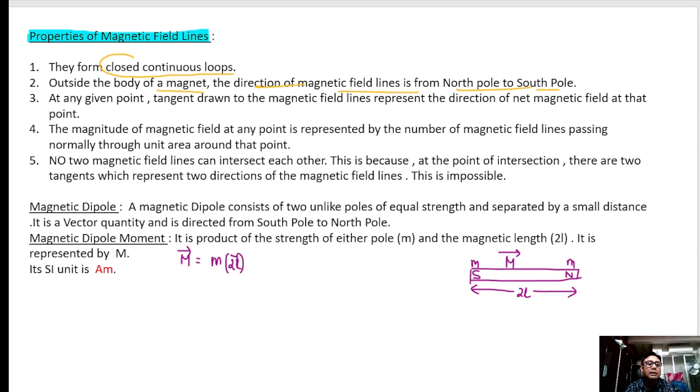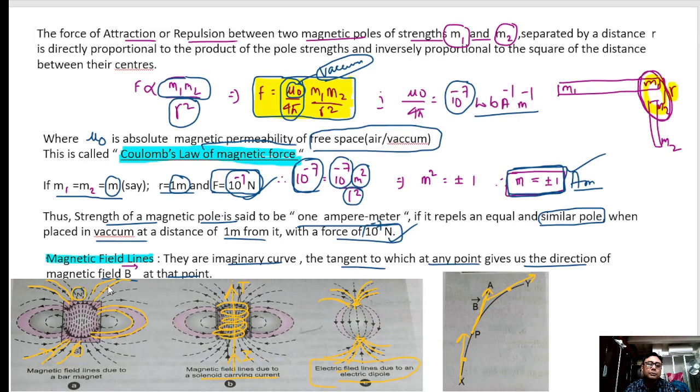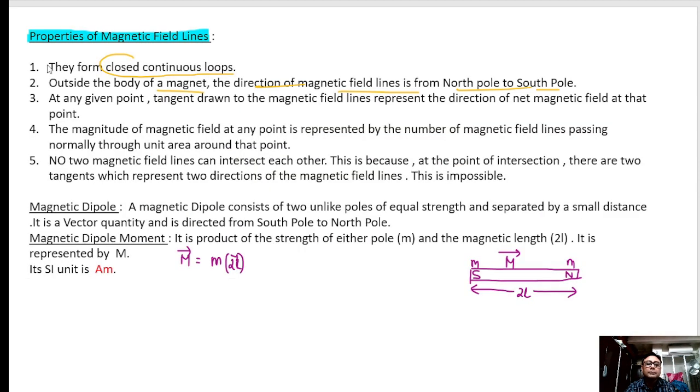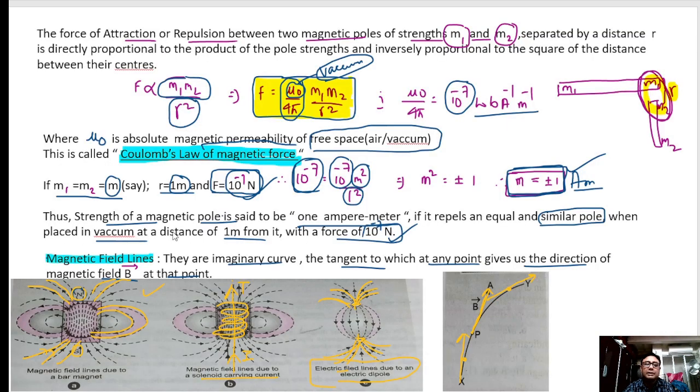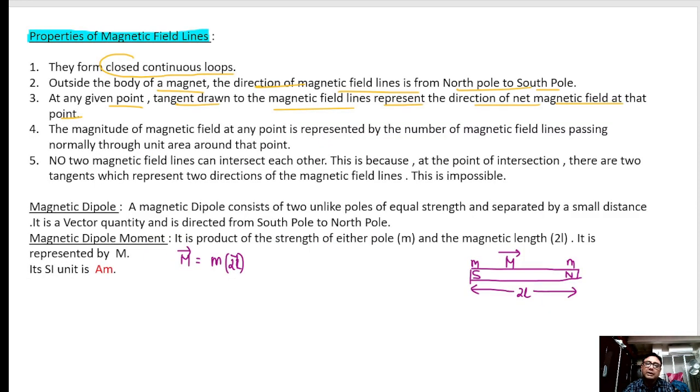As you see, outside the magnet, it is North Pole to South Pole here. At any given point, the tangent drawn to the magnetic field lines represents the direction of the magnetic field at that point. So as you can see here, if I draw a tangent here, then I can find the direction of the magnetic field.